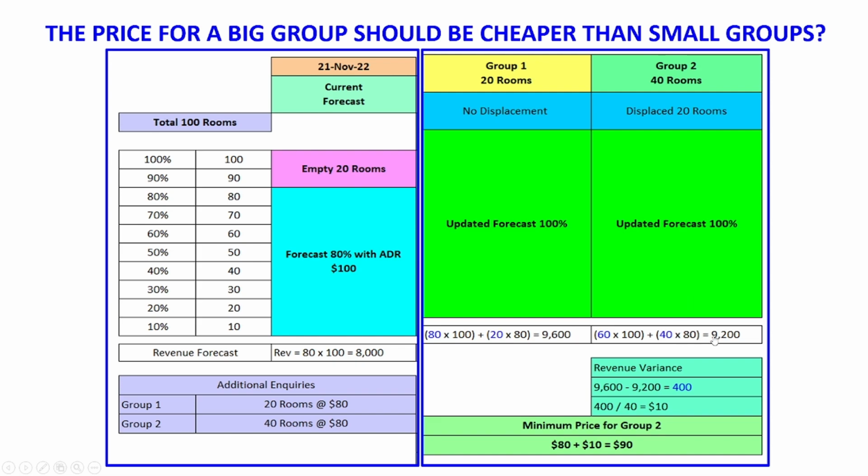So if we take the big group, our revenue will be lower than if we don't take the big group.